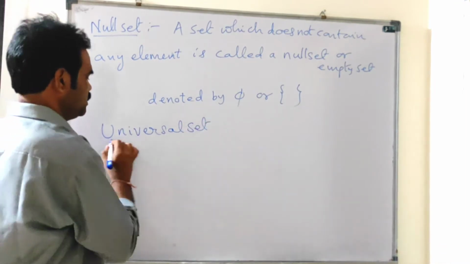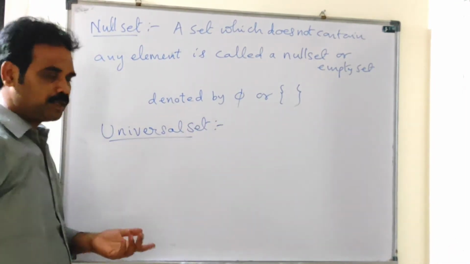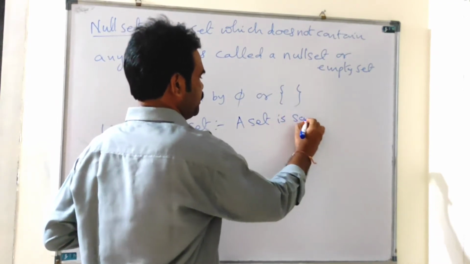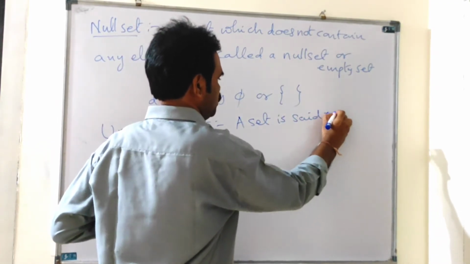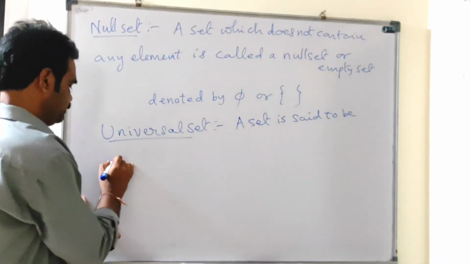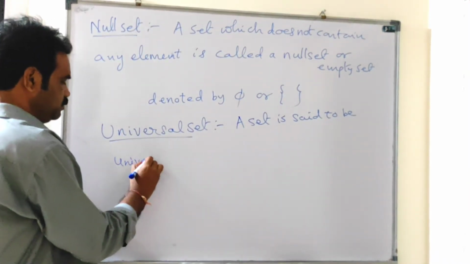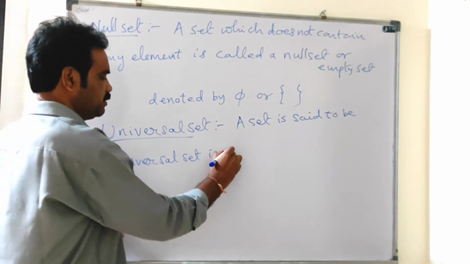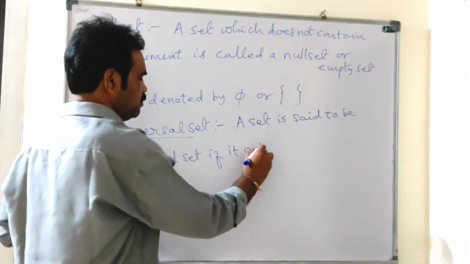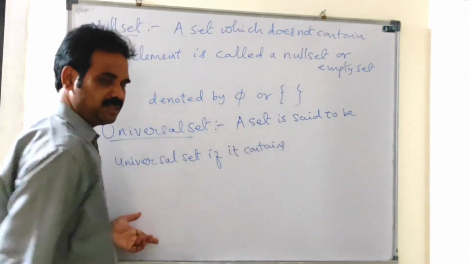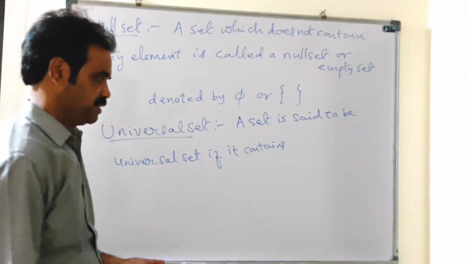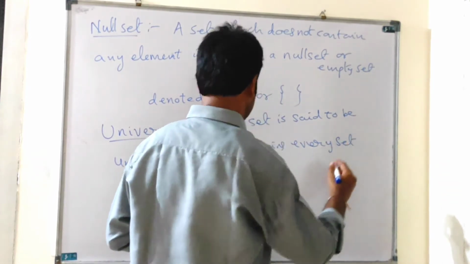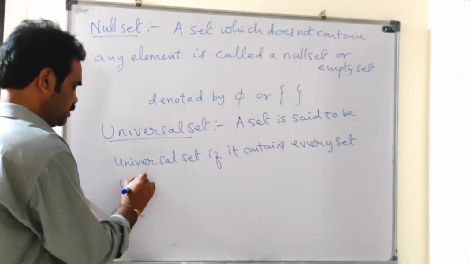Next definition, universal set. A set is said to be a universal set if it contains every set under discussion.